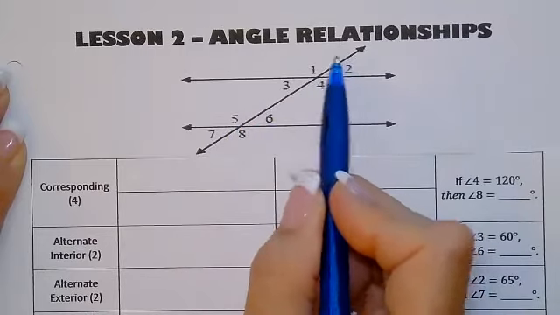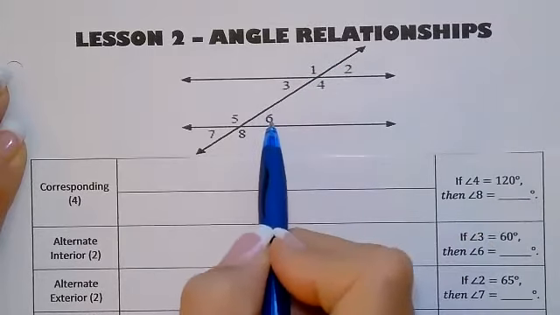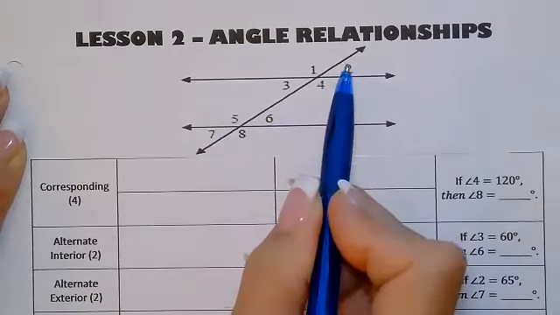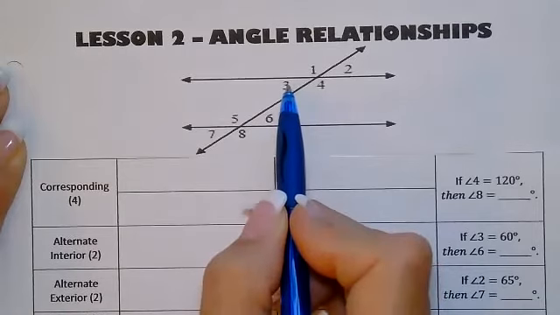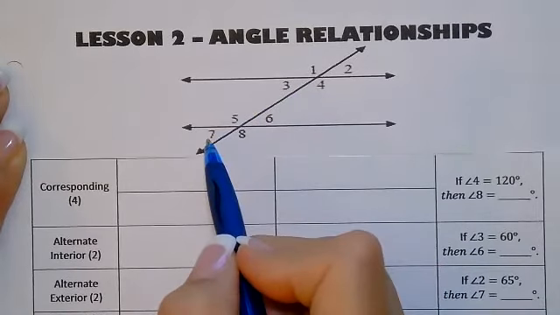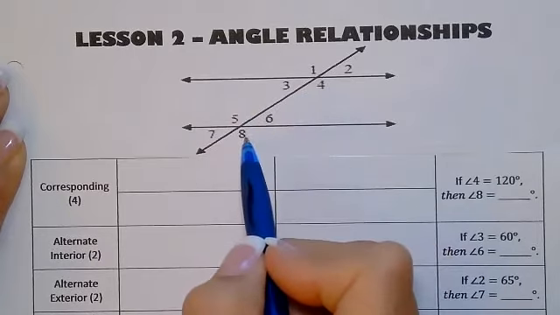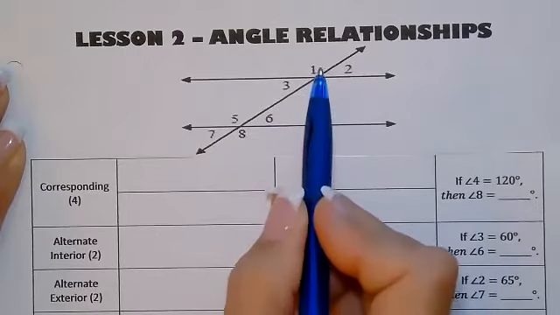Okay, 2 is in the top right corner up here, and 6 is in the top right corner here. So 2 and 6 correspond. 3 is in the lower left corner, so is 7. 4 is in the lower right, so is 8. So that's how you find corresponding angles.